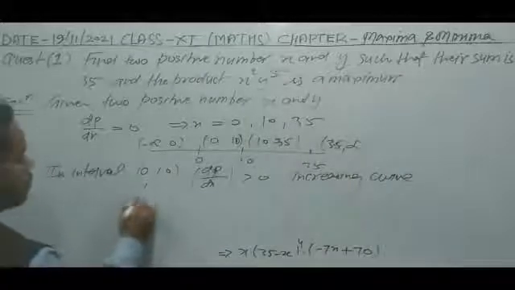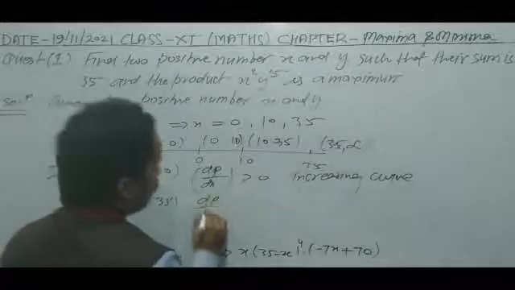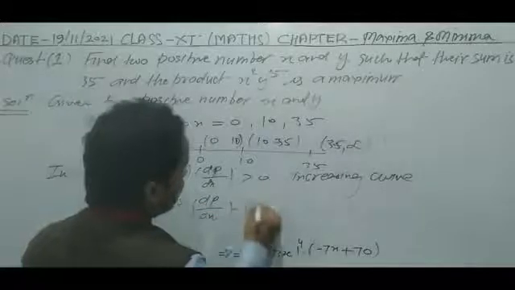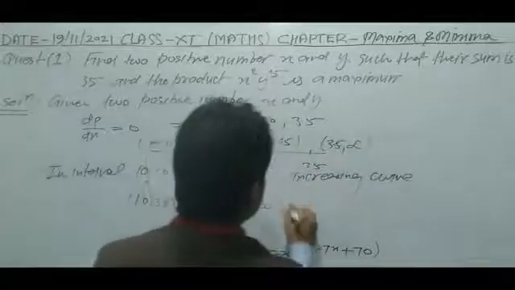In 10 to 35, dP by dx is negative, so decreasing curve.